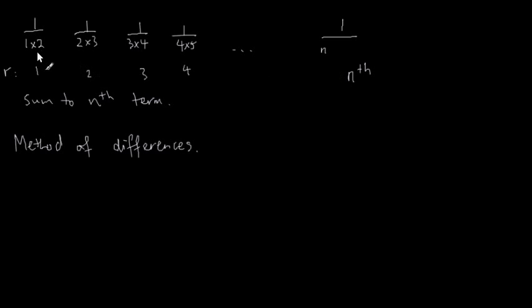Okay, what about the next number? The next number is always 1 unit more than the previous one. 3 is more than 2 by 1, and so on. So therefore we can think that this next number must be 1 unit more than n, and that's just n plus 1.